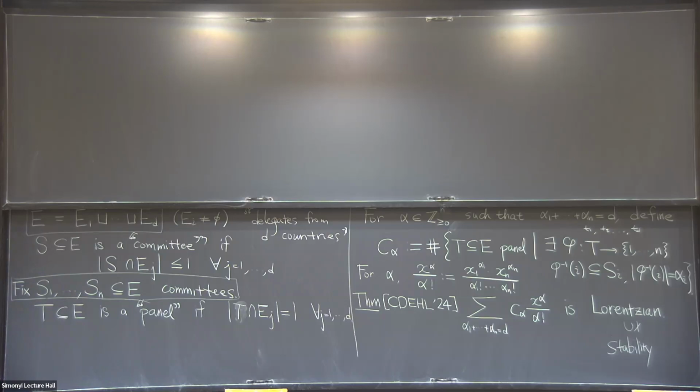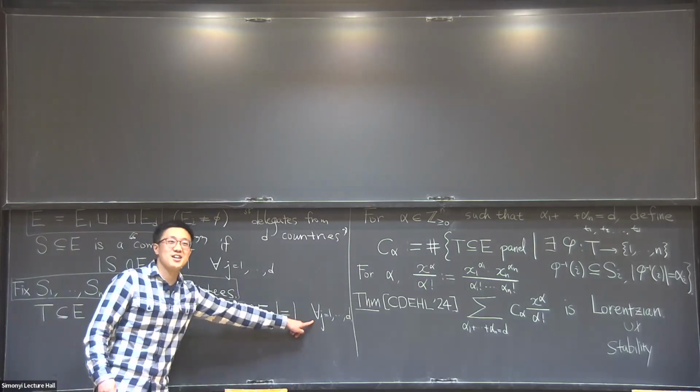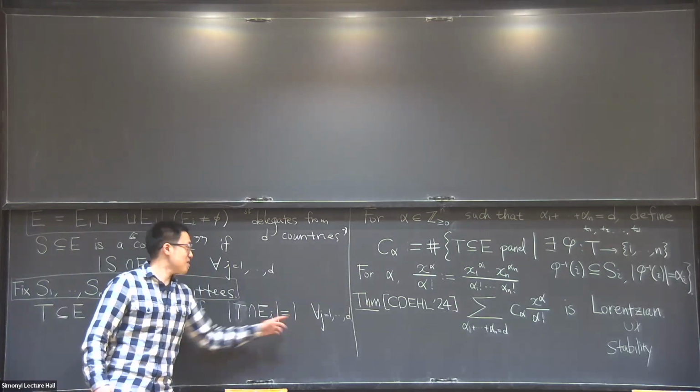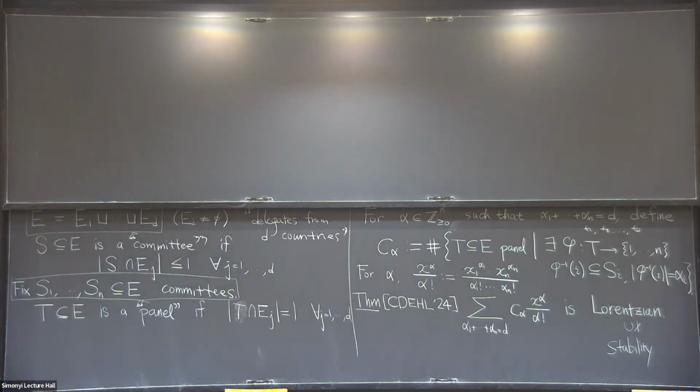There are a bunch of games you can play. Why does it even have to be 1 for every j? You can have Cj, where Cj varies for each j. So you can really play a different kind of game in various situations. And in our case, this special case is where we have the most understanding at the moment.